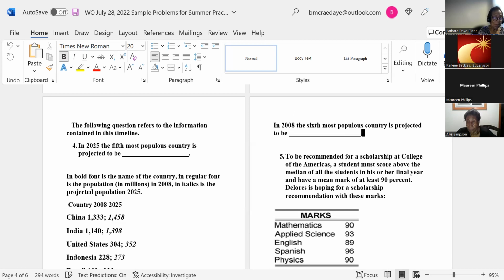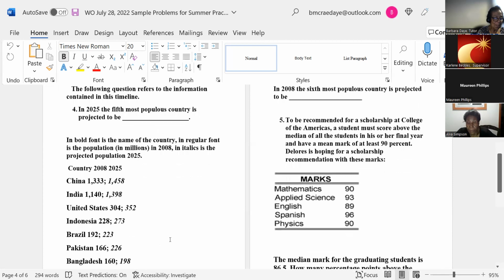Okay, so now I'm working with my 2008 figures. So put them in order and tell me what's number 6.